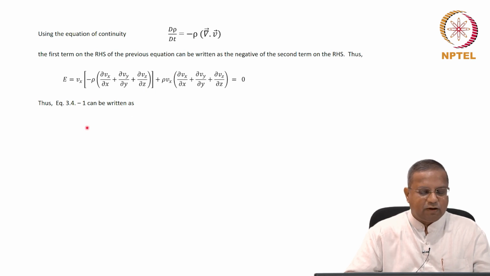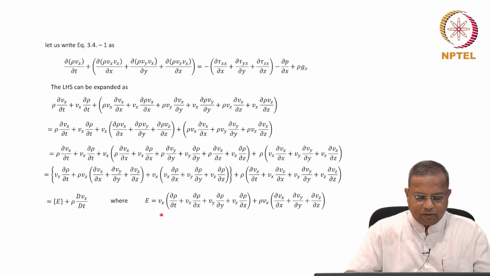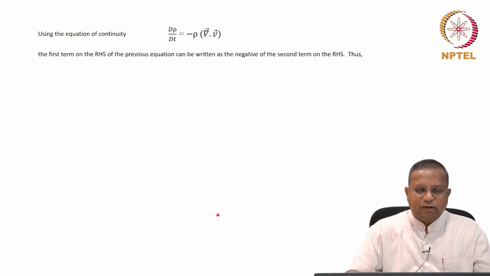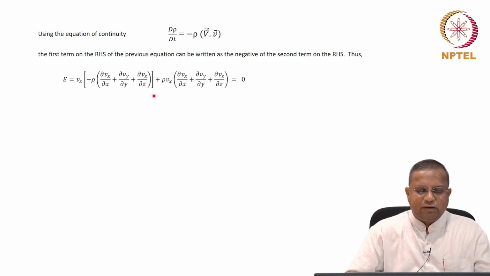This is the only term that will remain here, because the first term on the right hand side can be written as the negative of the second term, and therefore E becomes 0. Using the equation of continuity, I'd like you to work this out and convince yourself that this is indeed 0.